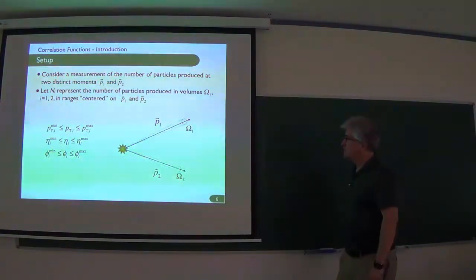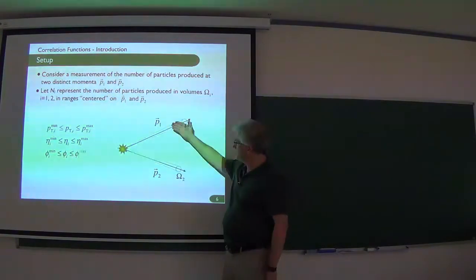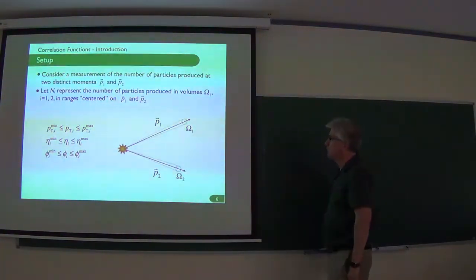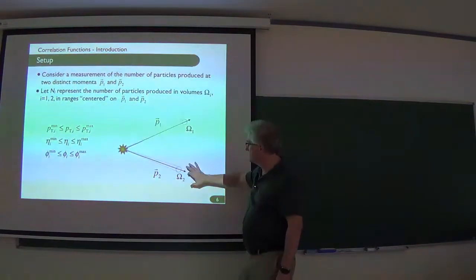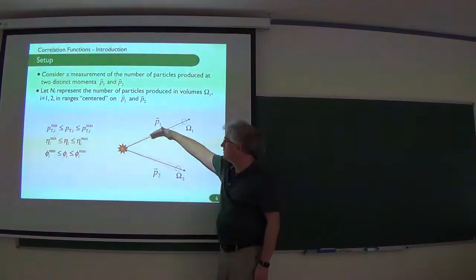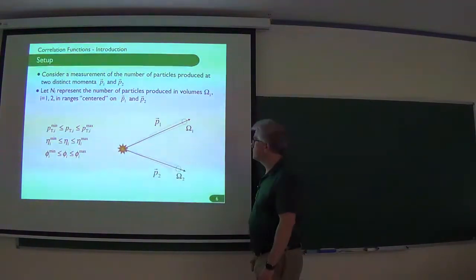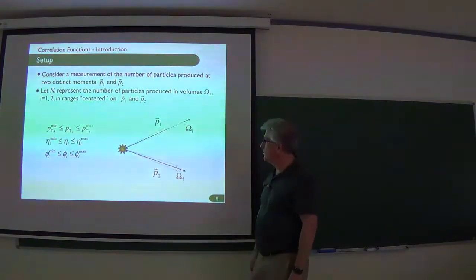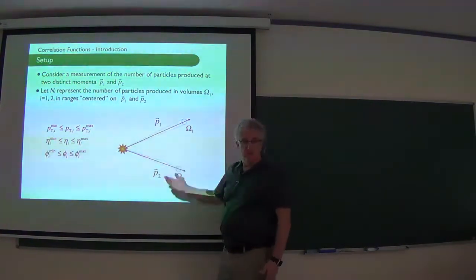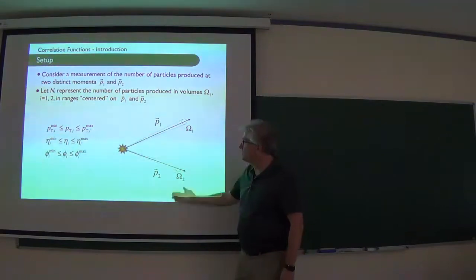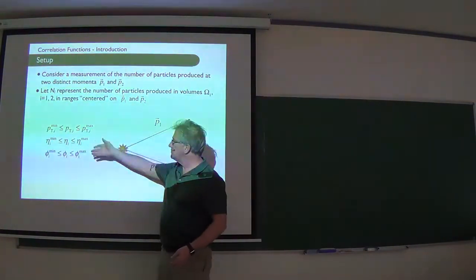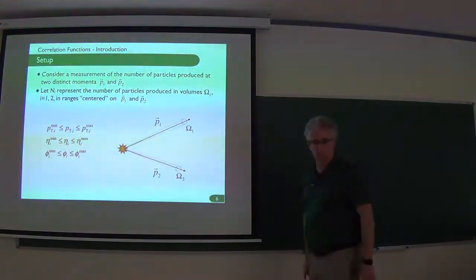And I'm going to ask myself, are these two particles correlated in any way? And so let's fix the solid angle of these two particles. So that means the polar and azimuth angles of these particles. I'm going to call that omega 1 and omega 2. And so these particles will be at some momentum, p1 and p2, and you can translate that in terms of pseudorapidity and transverse momentum, but that's a detail.